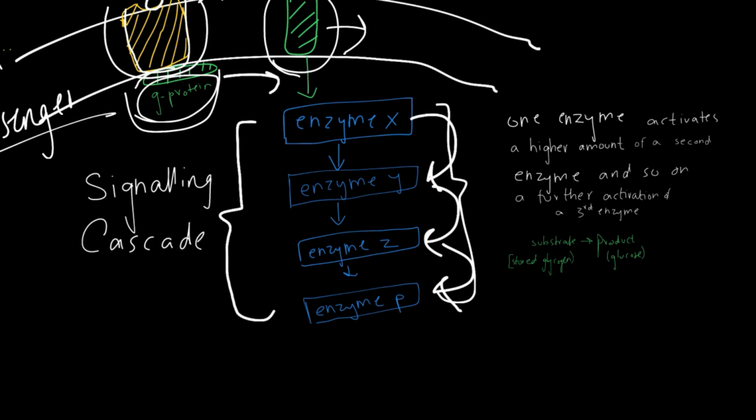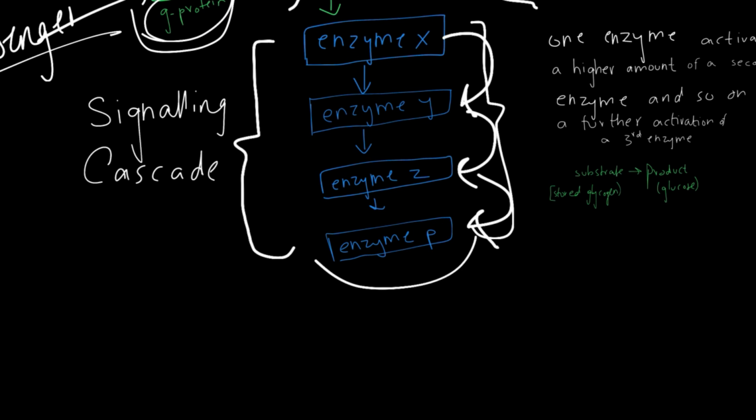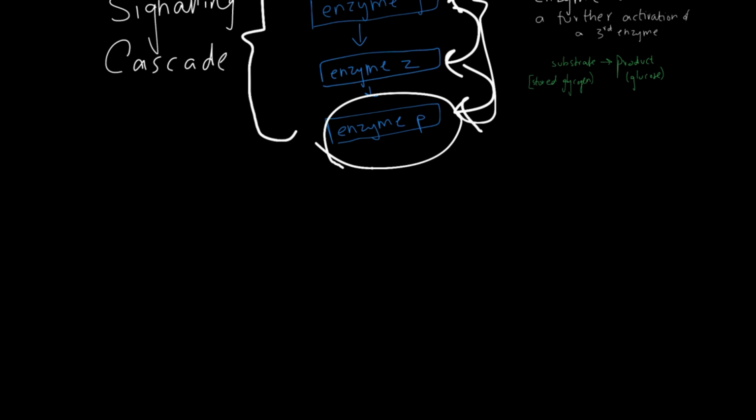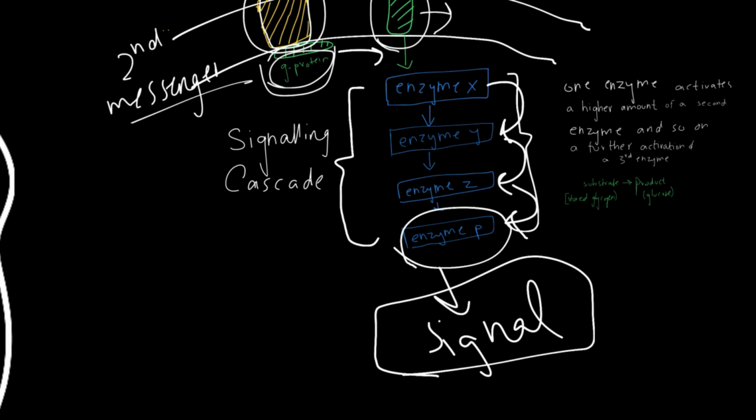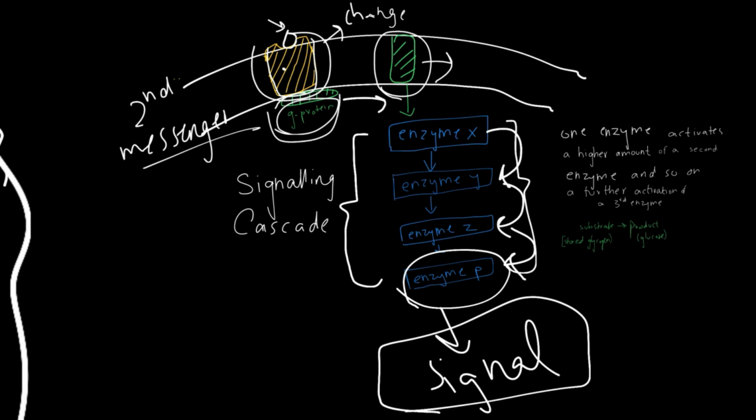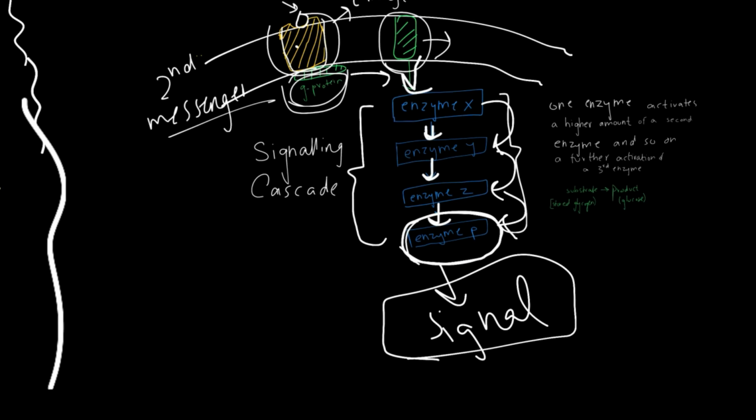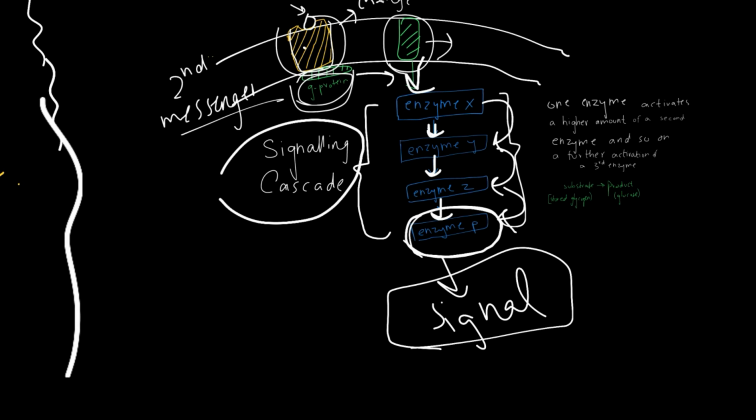This amplification is done so that a higher proportion of the final enzyme is released, so the signal that is received is amplified in the end, right? And that amplification is done through this entire system where it's received, the G protein then activates another enzyme, and that enzyme keeps on activating a higher enzyme, and then a higher enzyme, for a greater amplification of the signal, thus named a signaling cascade.